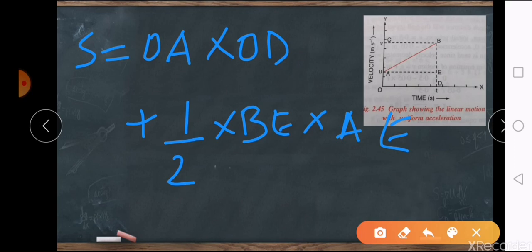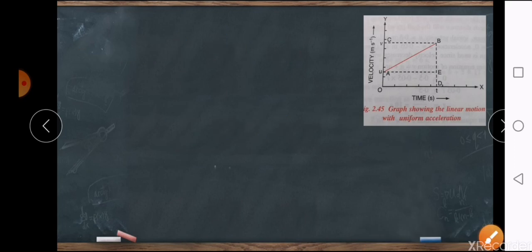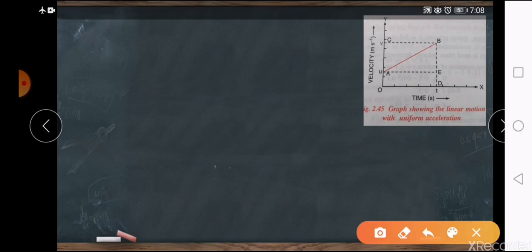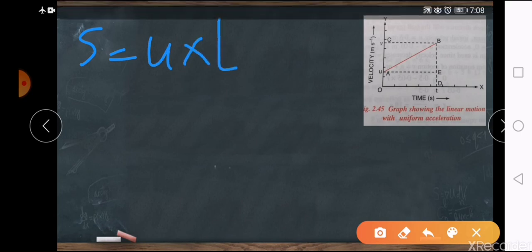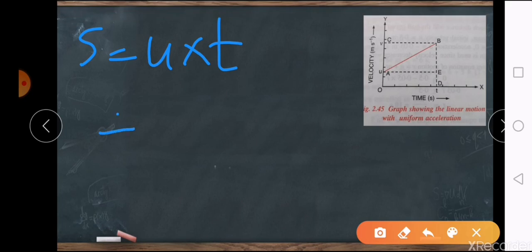Now you want to replace it with your initial velocity, final velocity, time, whatever it is. Now let us replace it. When you replace it, just see the graph carefully. S is equal to, instead of OA, you have the initial velocity U, then OD is time T. This is the area of the rectangle.